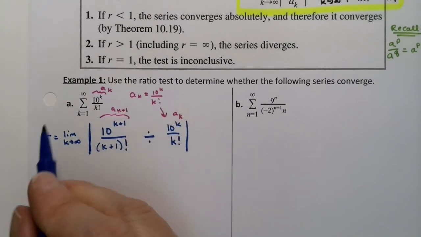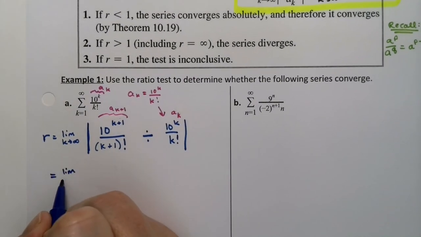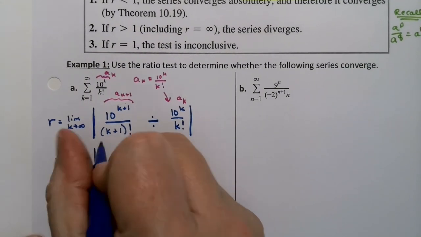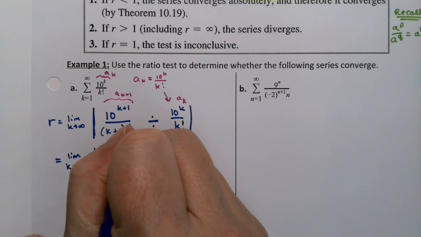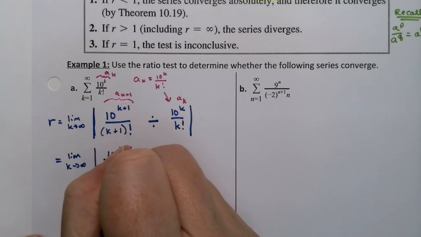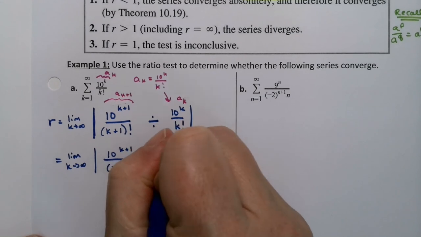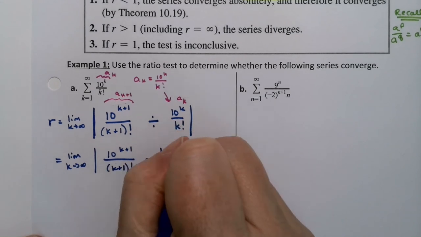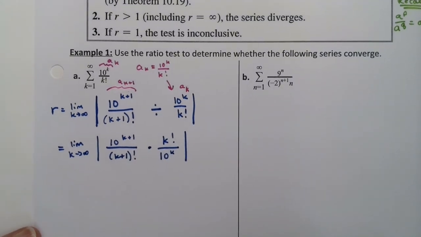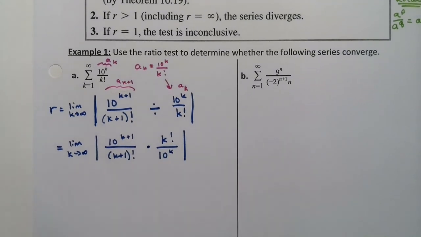So this would be the limit as k goes to infinity of 10 to the k plus 1 over k plus 1 factorial times k factorial over 10 to the k. Now I'm going to rearrange this.